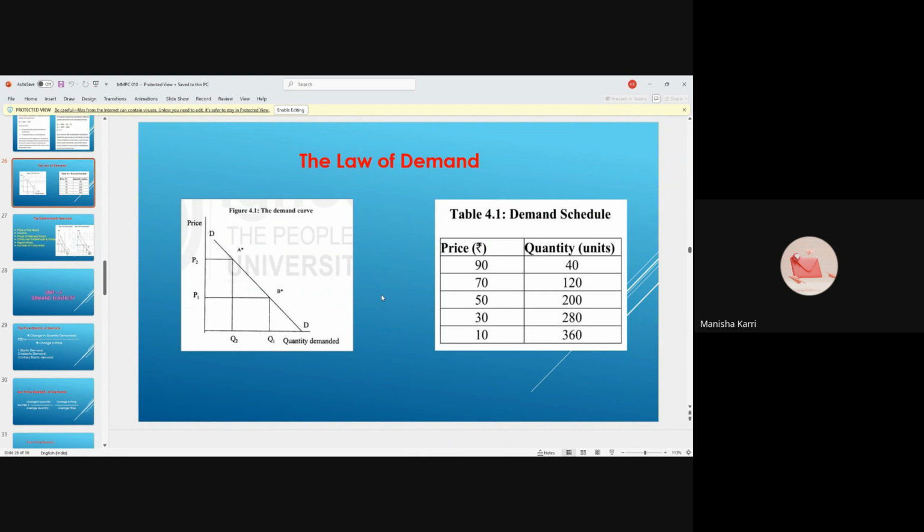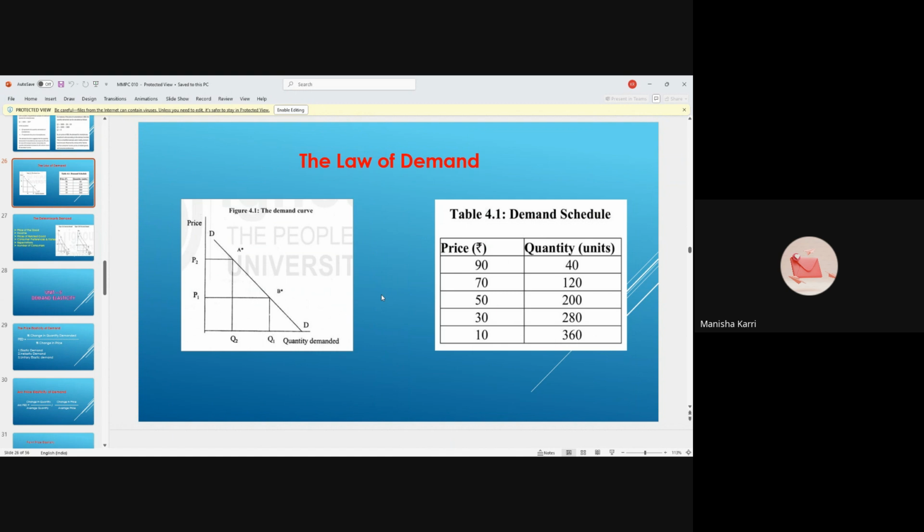We all know that this inverse relationship between price and the quantity consumers will buy is so widely observed that it is called the law of demand. So the law of demand is the rule that people will buy more at lower prices than at higher prices if all other factors are constant.